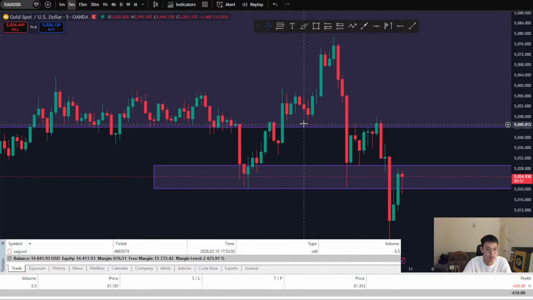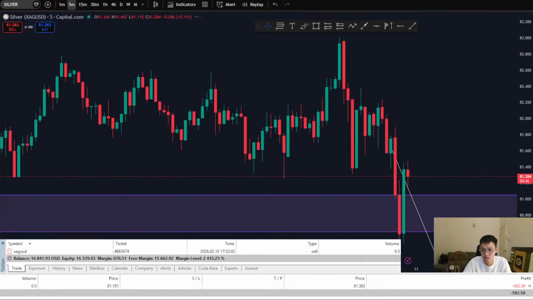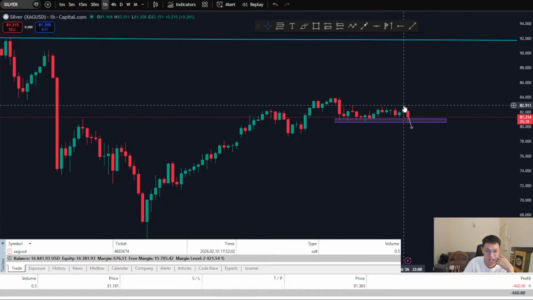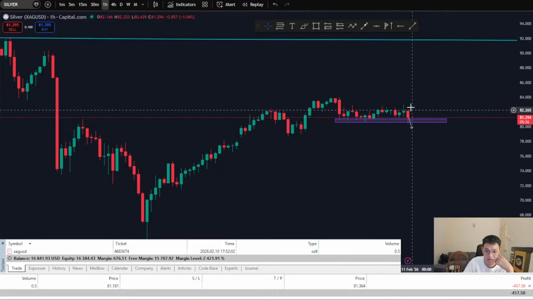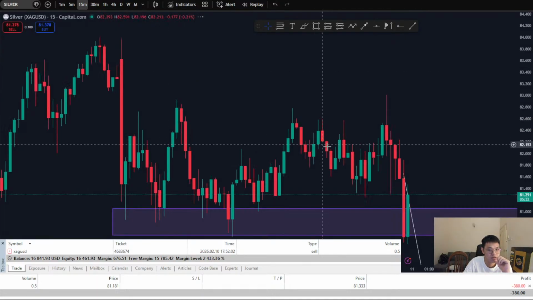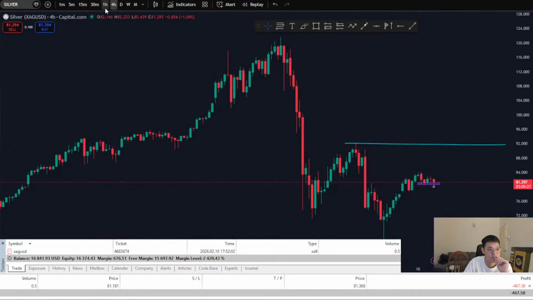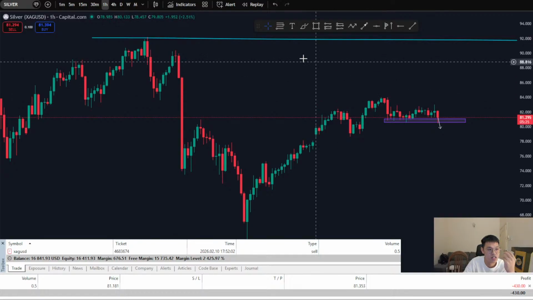So if you want a better result, I think you just draw a level, and then when the price reaches that level, you try to enter. But before that, you also need to have the analysis first.